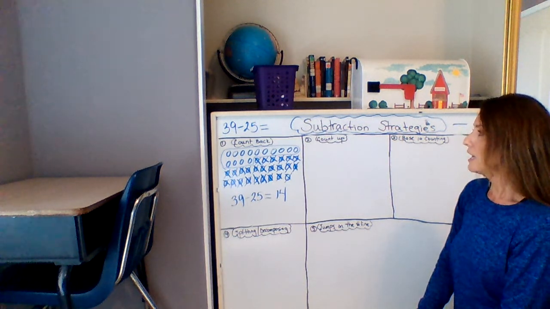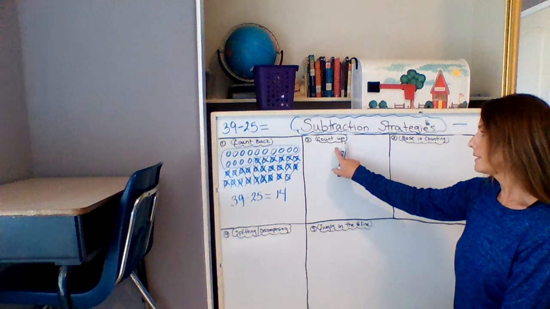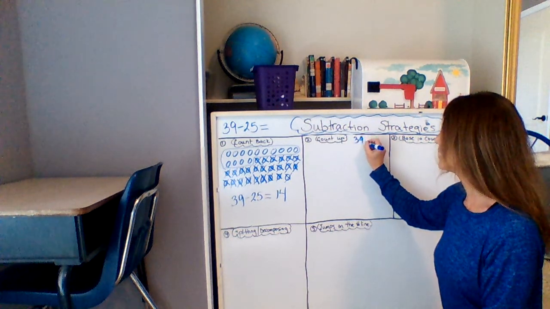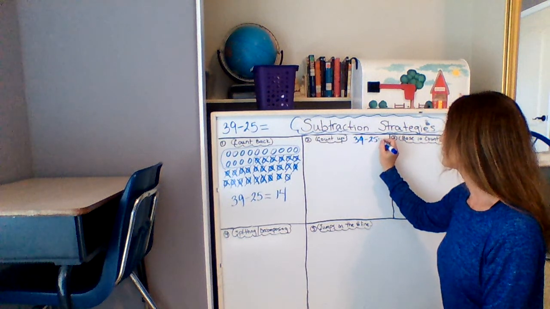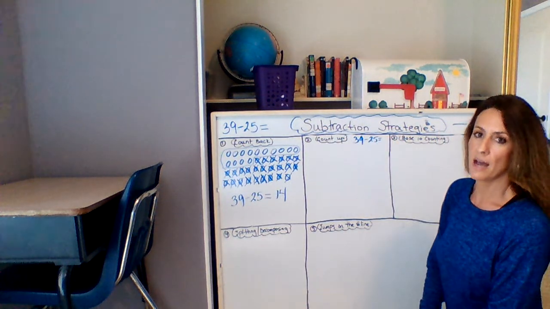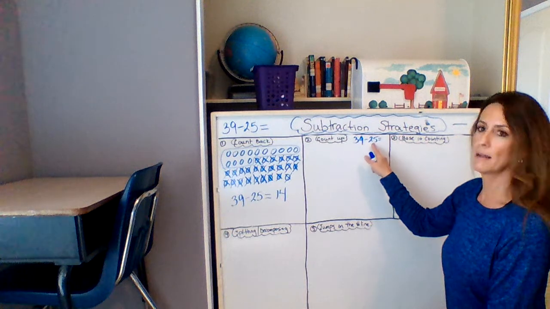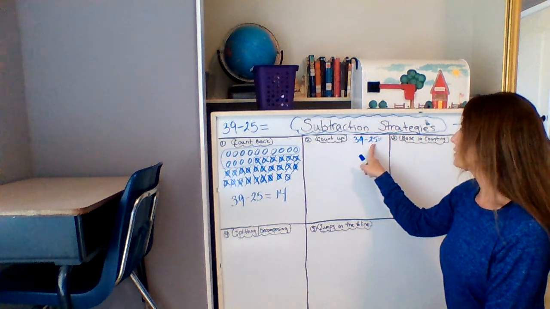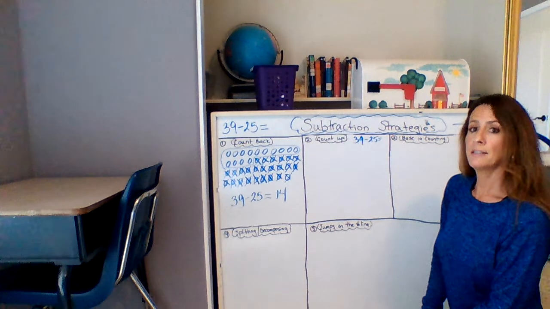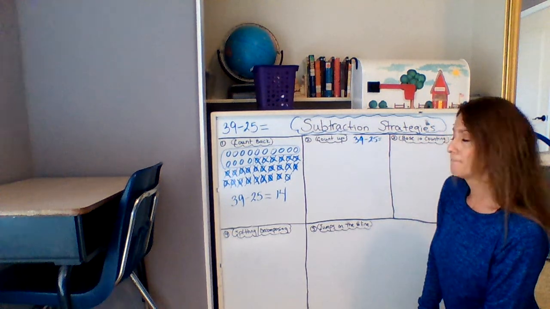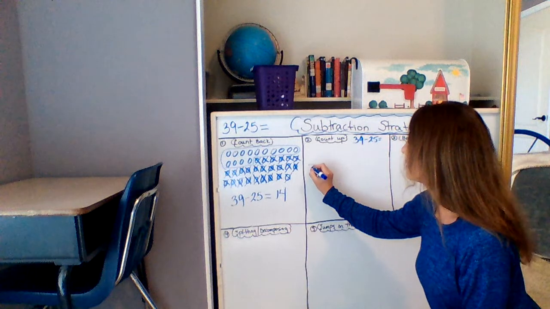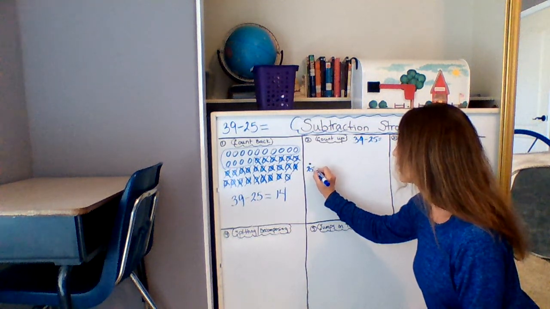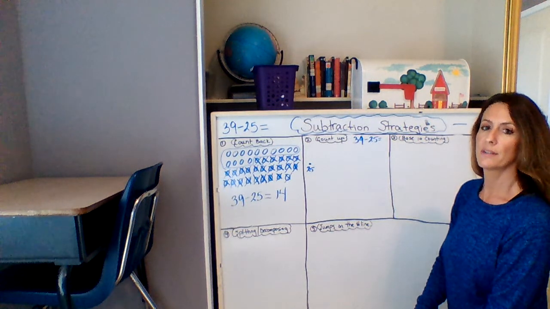Okay. So counting up means that when you're looking at 39 minus 25, you're counting up from this number, 25. Okay? So some kids like to use a number line for this one. So 25 on the number line. Mark that. There's 25.